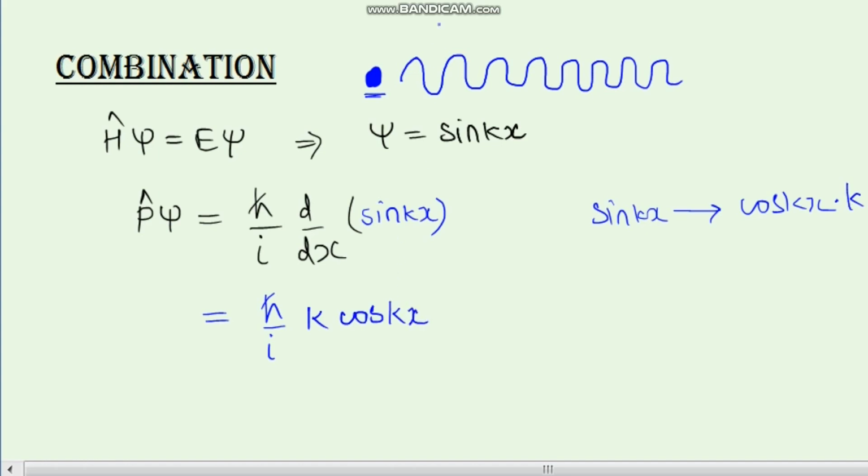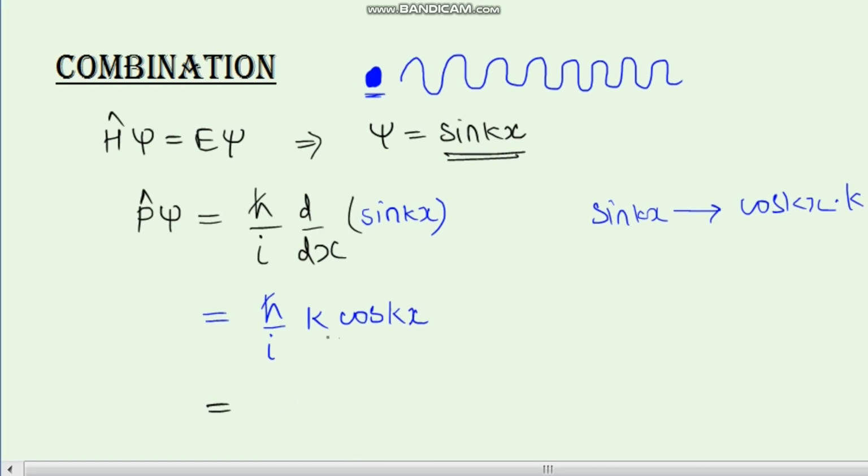You don't see anything wrong with that? Well, there is something very wrong, because we were supposed to get an equation like p psi, so we wanted psi back. That means we wanted sine kx, but we do not have a sine, we have a cos function. So what is the momentum?